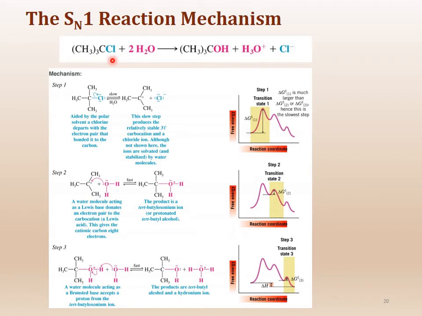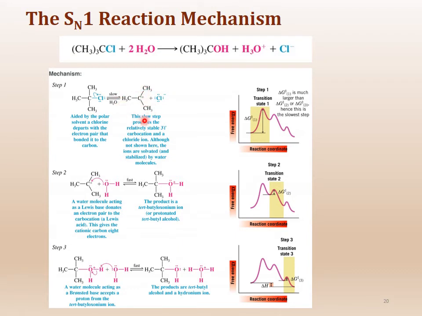Now we can start looking at the mechanism of the reaction. If we are only dependent on the substrate, then we'll start with the substrate. This is our substrate, t-butyl chloride, and the slow step, the rate determining step, is where the chlorine leaves. Once it leaves, here is the leaving group already, and here we have a carbocation, a positively charged carbon.